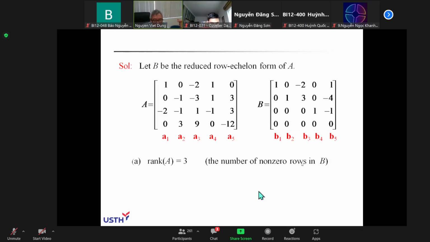That is the number of non-zero rows in B. And because A has 5 columns, the nullity equals n minus rank of A, which is 5 minus 3 equals 2. So we finish the first question.